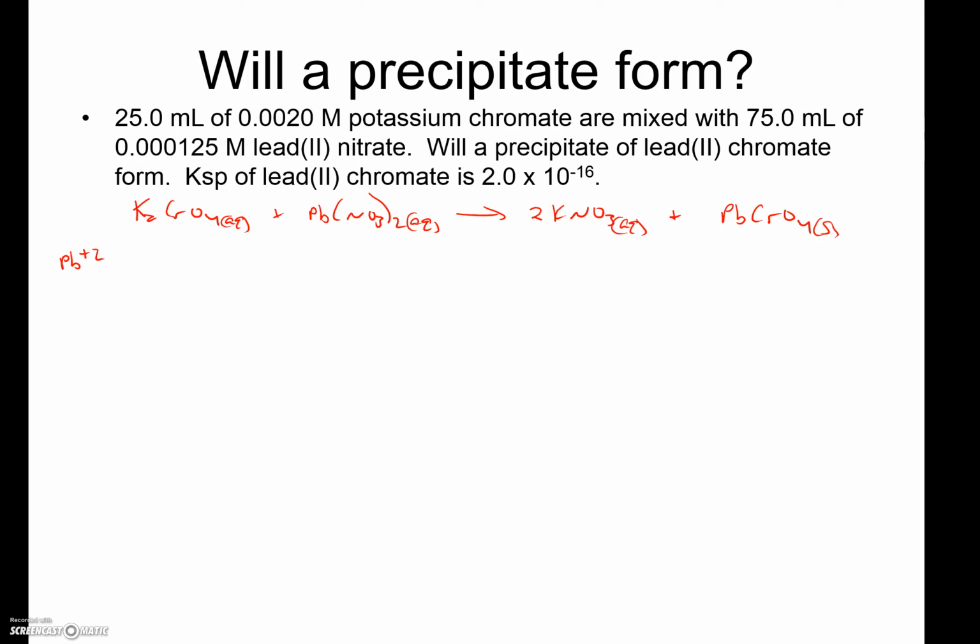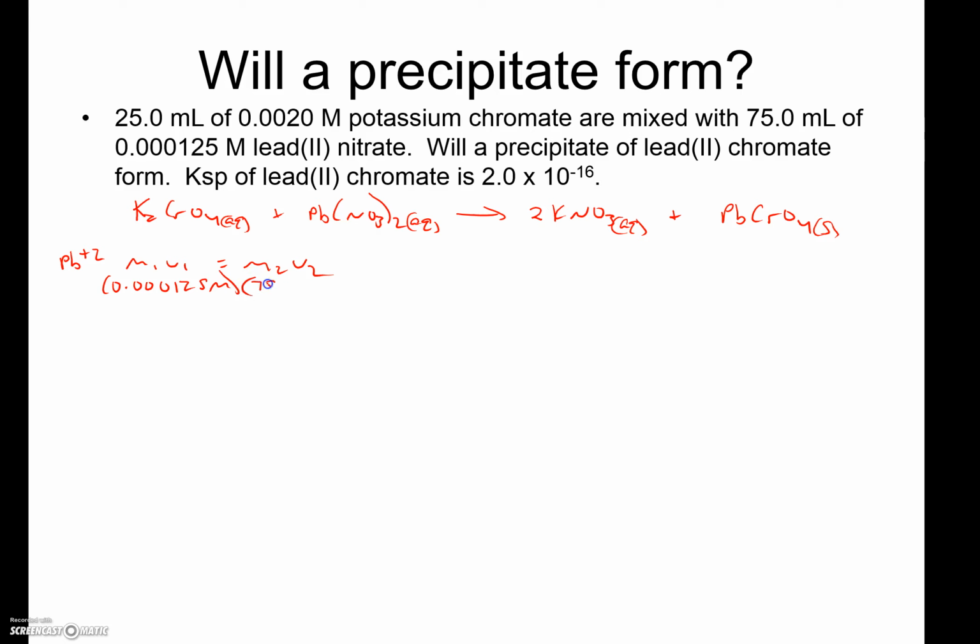It tells us that we have 75 milliliters of 0.000125 molar lead nitrate. Okay, and we're going to mix it with 25 milliliters of the other solution. That means that we're diluting the lead nitrate, and we want to calculate what the new molarity is going to be. So we'll take our M1V1 equals M2V2 equation. So the concentration of our lead nitrate, 0.000125 molar.